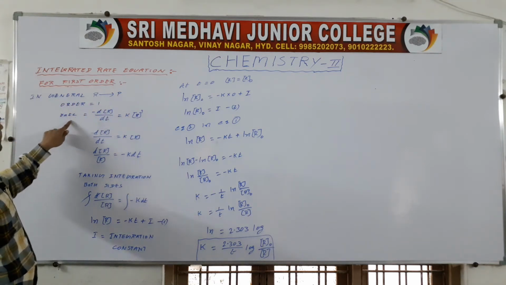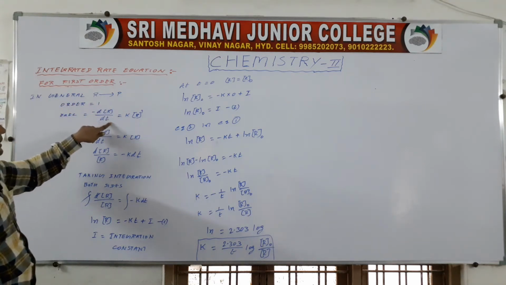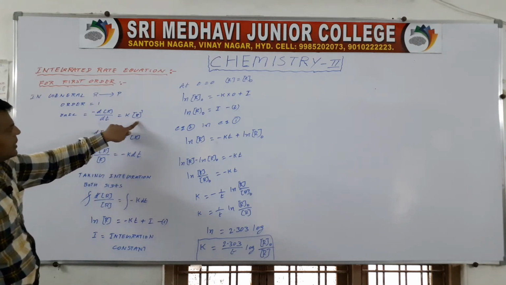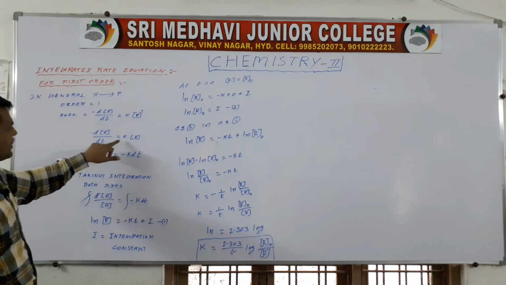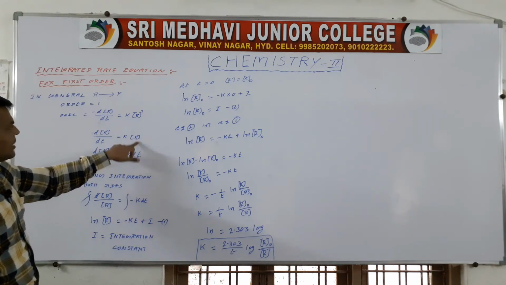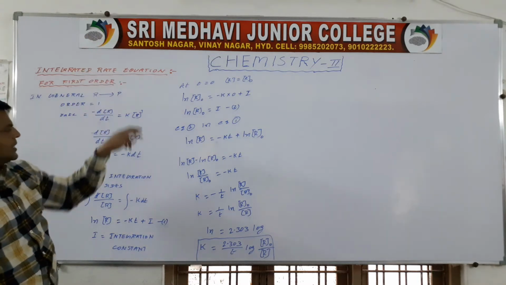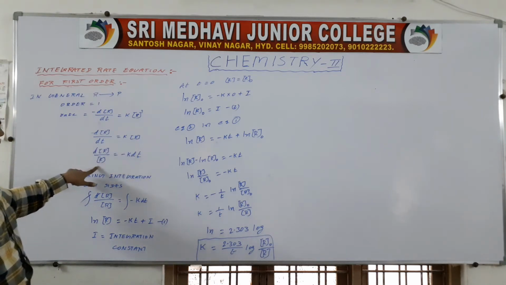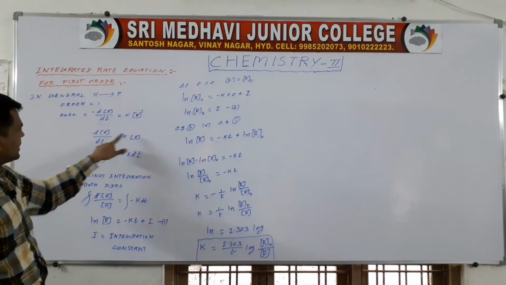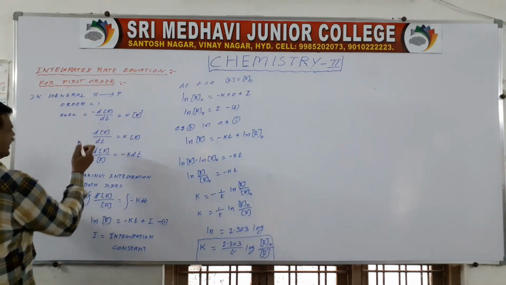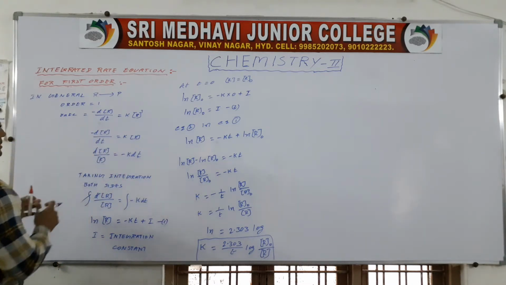Order equal to 1 means rate equals minus d[R] by dt equals k into [R] to the power of 1. Then d[R] by [R] on this side, dt and the minus going to the other side.